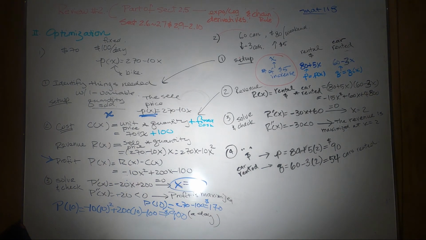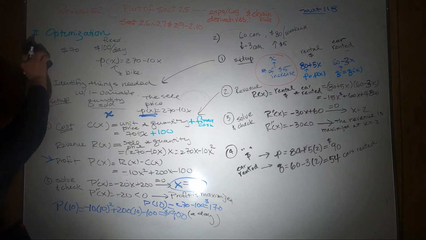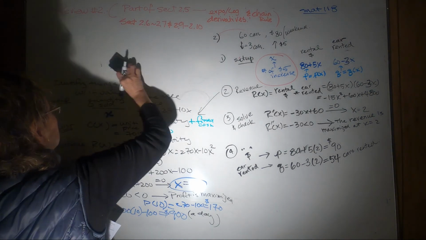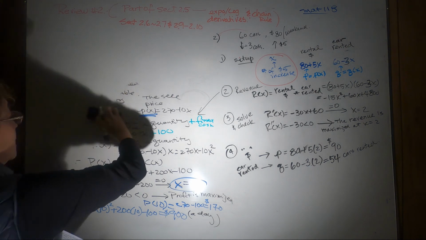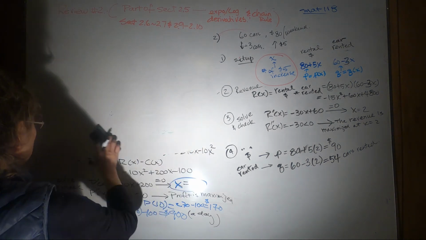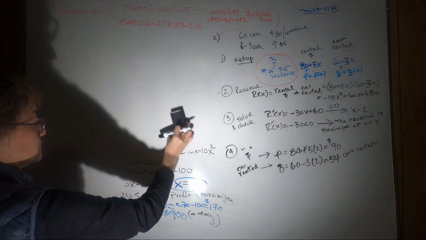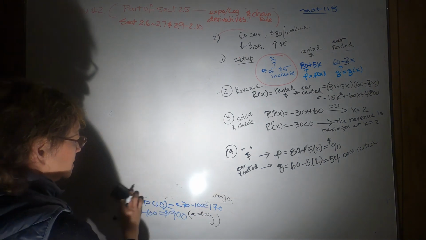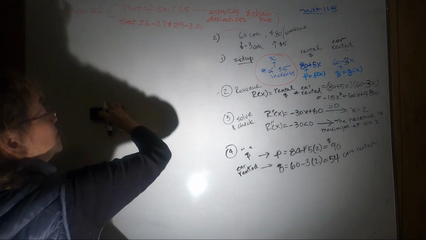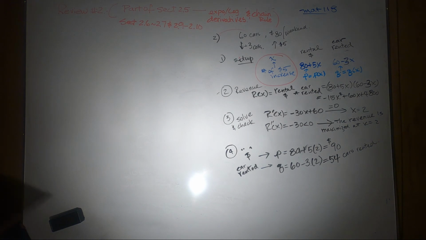Doing it is not bad at all. But you have to think through and connect. Okay? So you will have one of those questions, either maximum profit or maximum revenue, right?